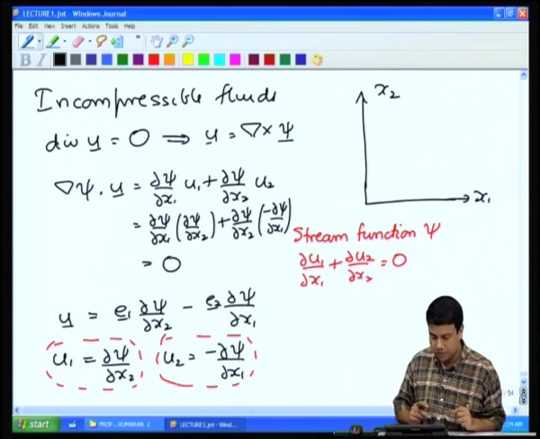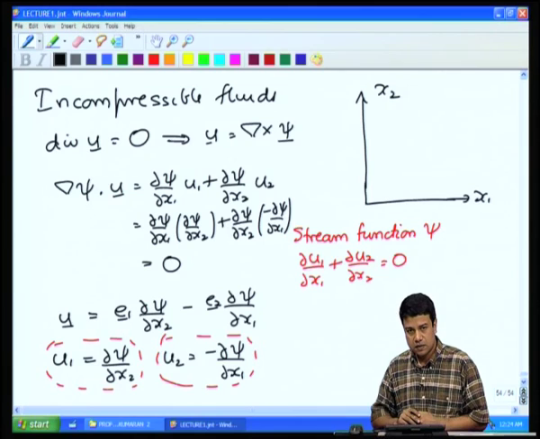This is equal to 0. So, that means that grad psi dotted with u is equal to 0.